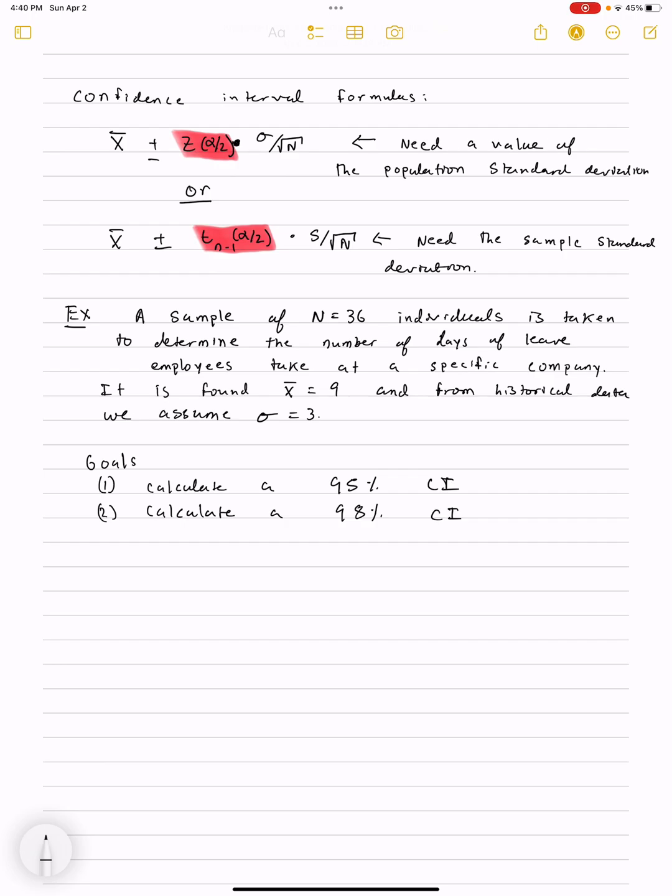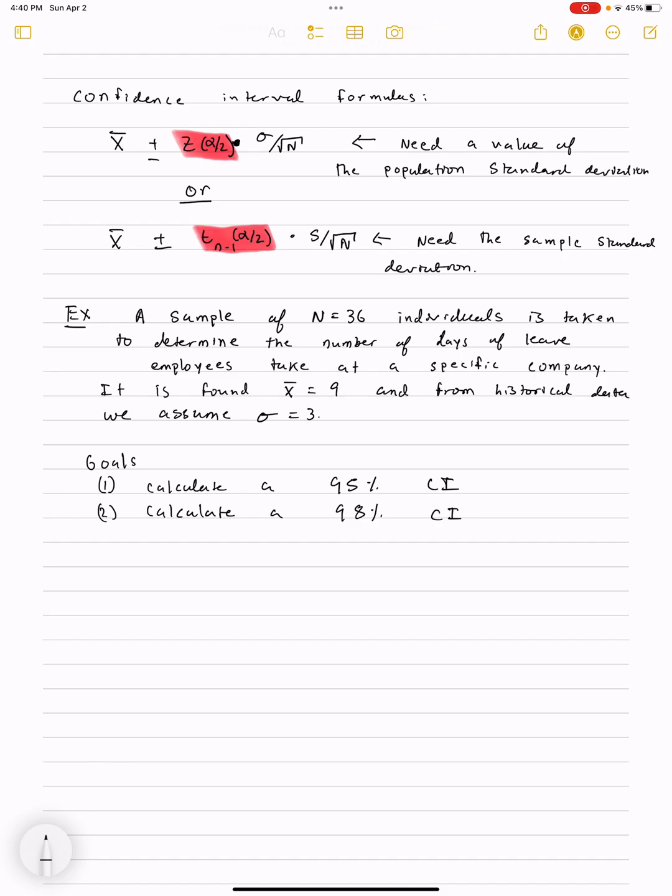So here we have n being 36 observations, and we have taken 36 individuals to determine the number of days of leave employees take at a specific company. It's found that the average number of days of leave is 9.